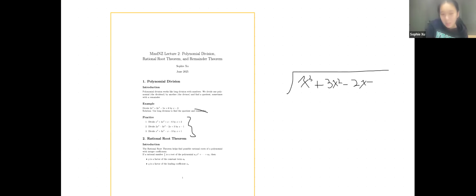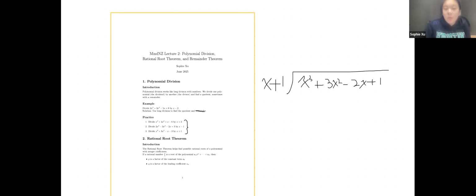This divided by x plus 1. So what you do in this case is basically the same as long division with just integers, except this time you've replaced it with polynomials.